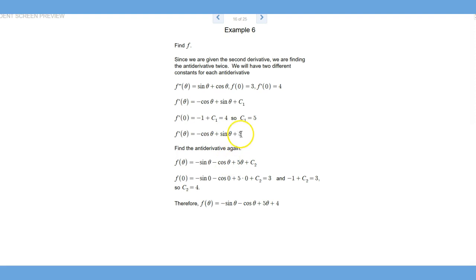And then this is my constant 5, and its antiderivative is going to be 5 theta. And I add my other constant. And so now to find the value of C2, I'm going to use this initial condition f of 0 equals 3. I evaluate my general antiderivative at 0, and I get C2 equals 4. So this is my function f.